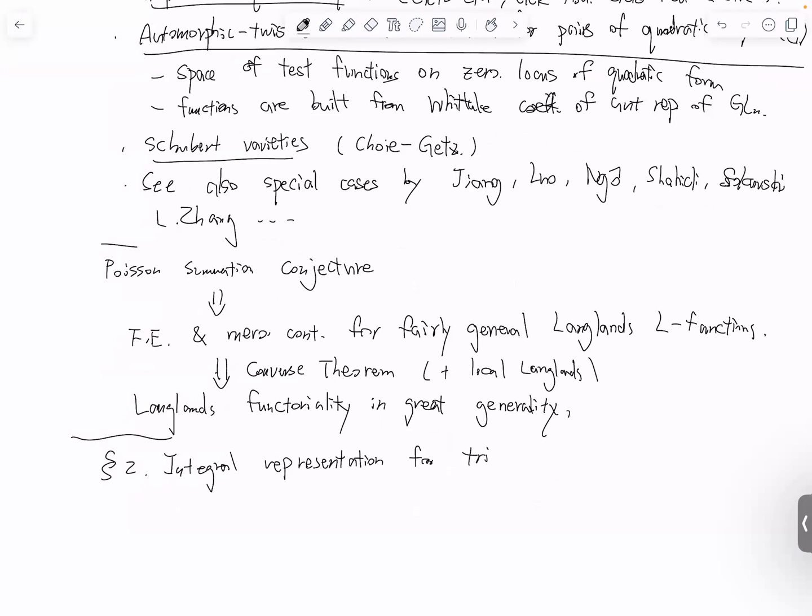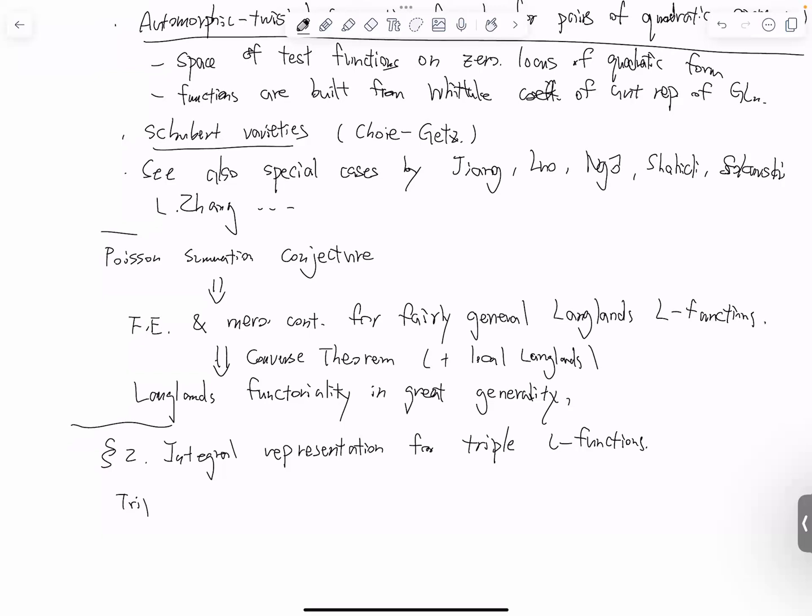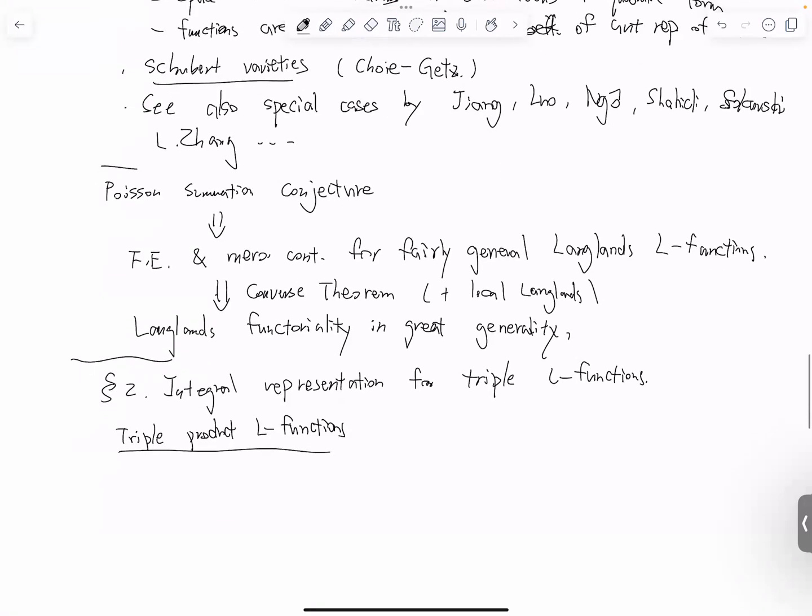For the triple product L-function, first define it. Let r1, r2, and r3 be positive integers, and π be the tensor of the three π_i's, where the π_i's are cuspidal automorphic representations of GL_{r_i}.